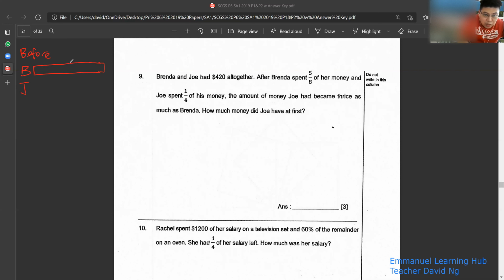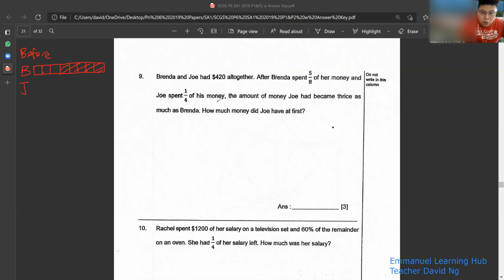You divide into 2 first, then into 4 parts, then into 8 parts. You draw this way so that your box is more accurately represented. 1, 2, 3, 4, 5, 6, 7, 8, 8 parts. So she spent 5/8, this is the part she spent.